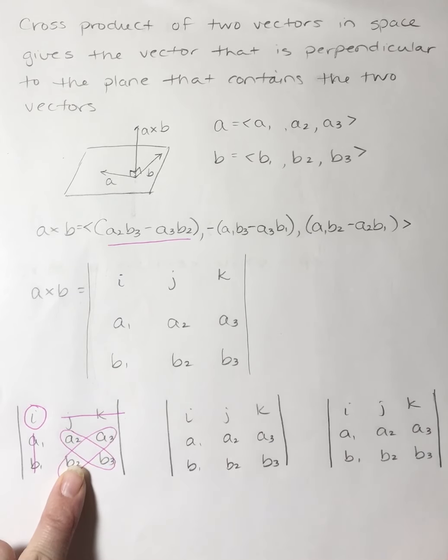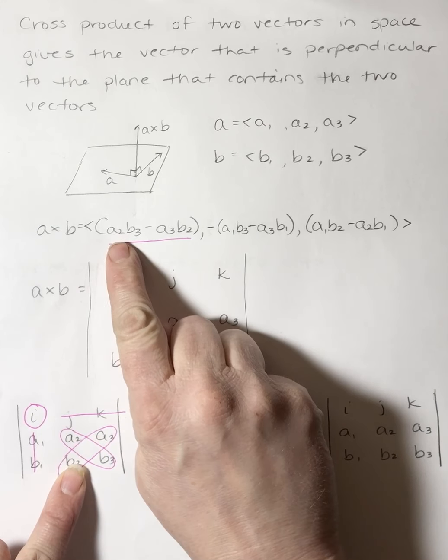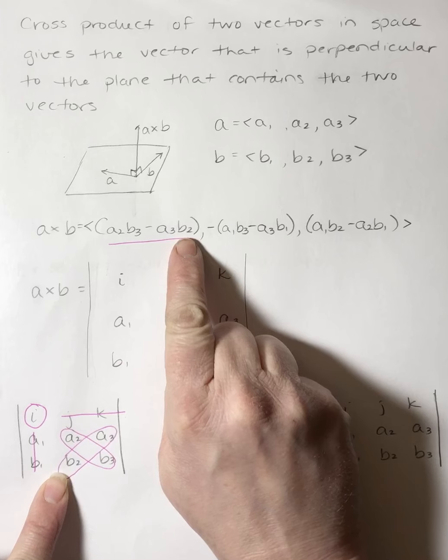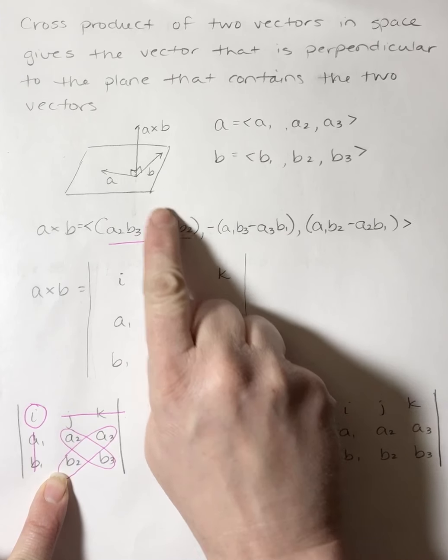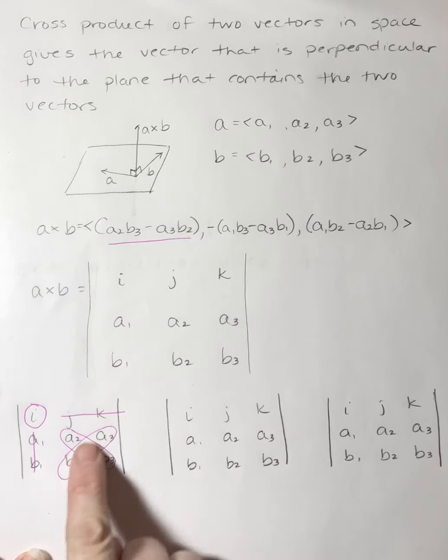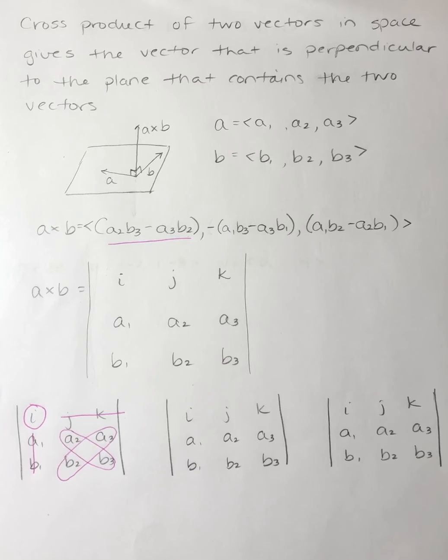So if you go back up here and you look, a sub 2, b sub 3 minus a sub 3, b sub 2. So that's where that one comes from. So this determinant times i, that's my first number in my vector.